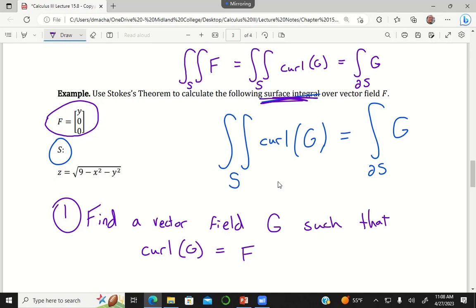So step number one is actually kind of tricky. Just giving you a warning.